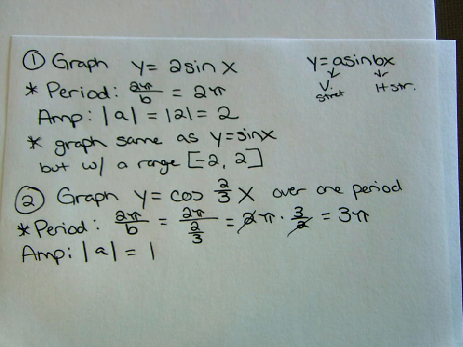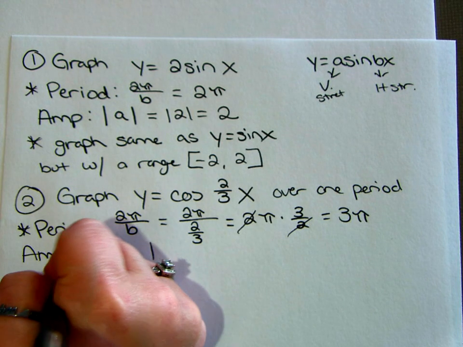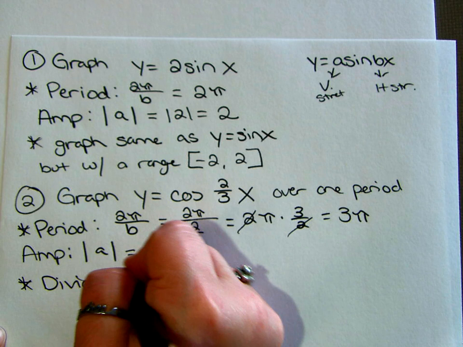Step 2 on our list for sketching the sine and cosine says we have to split up our period into 4 equal sections. So what we're going to do is start with 0, and then we're going to have 4 individual sections. Divide 3 pi into 4 intervals.